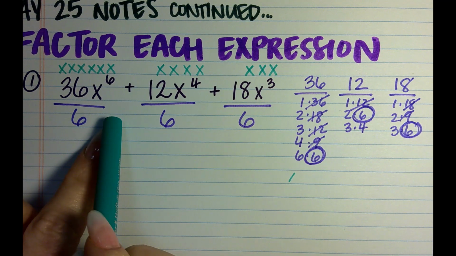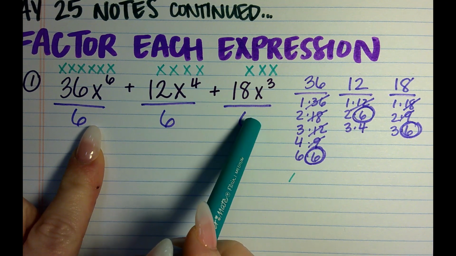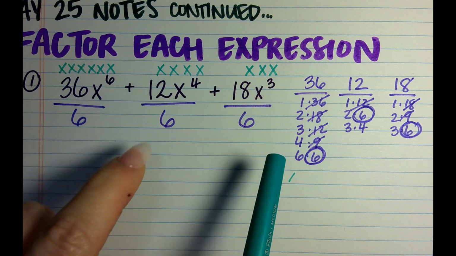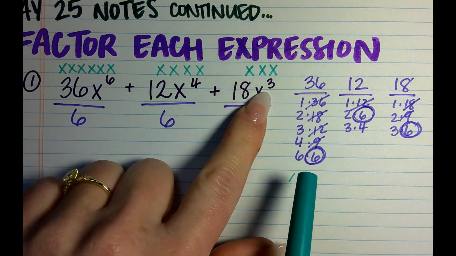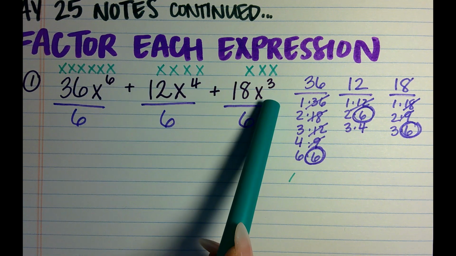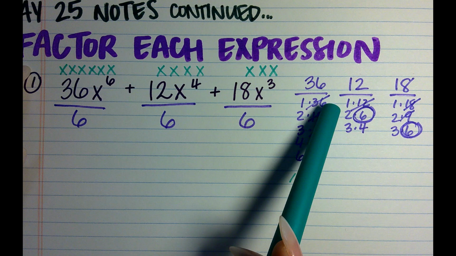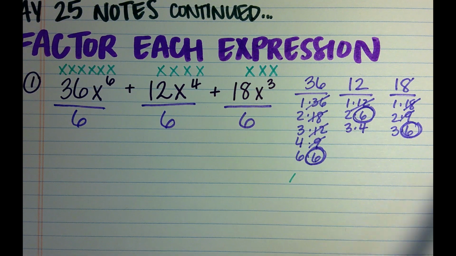So if I wrote x to the 6th power under all of these, that wouldn't work. That would be too big. I cannot fit 6 x's into 4 x's or into 3 x's. So out of 6, 4, and 3, my biggest number of x's that I can fit into all 3 of them is 3.